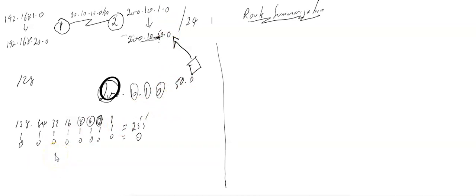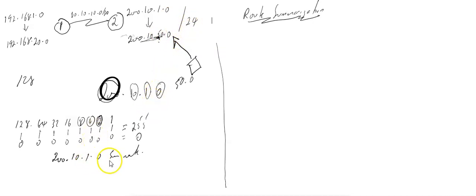So my summary route will be what? 200.10.1.0. This will be my summary route. But if you take a look at all these 50 routes, of course, this is class C. All of them are class C network addresses, so /24.